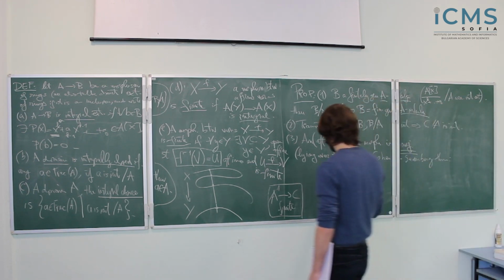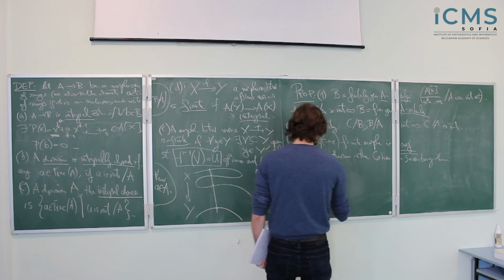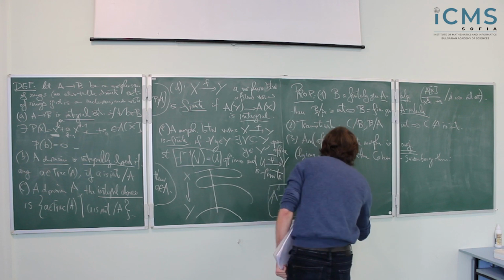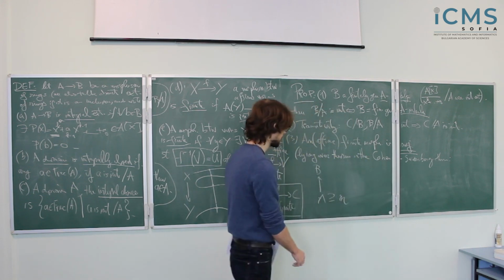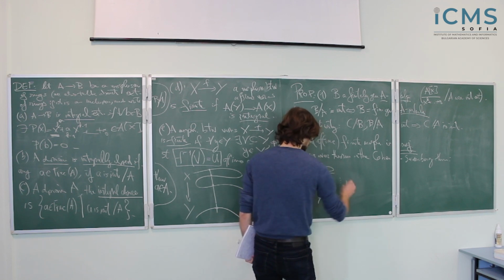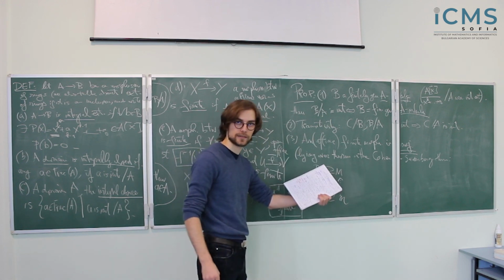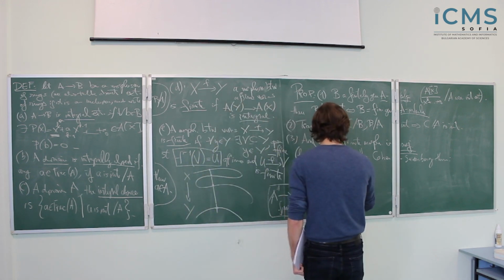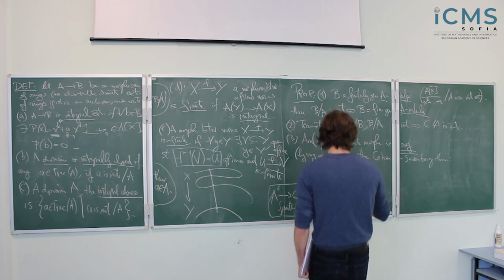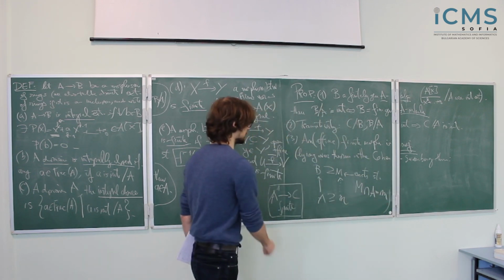It means that if I have a ring extension A, and a maximal ideal below, let's call it M, then there exists a maximal ideal over it, such that it lies over M.